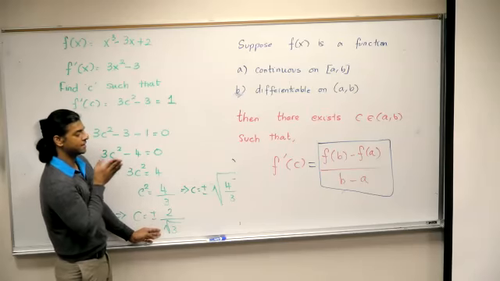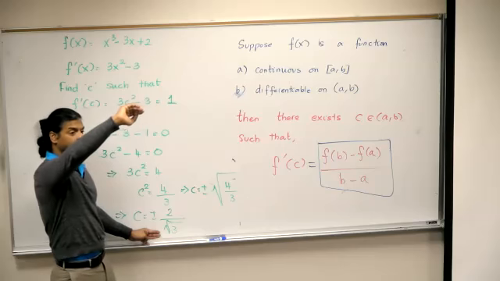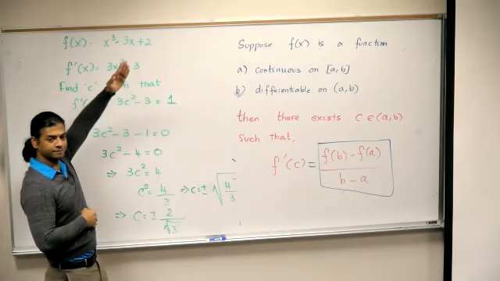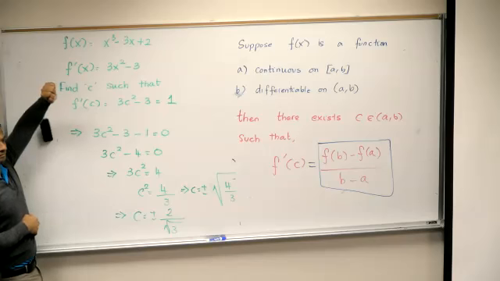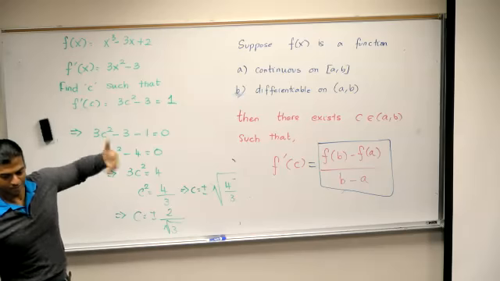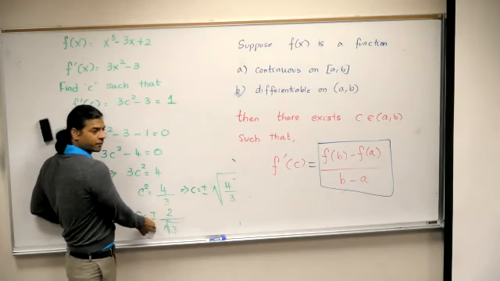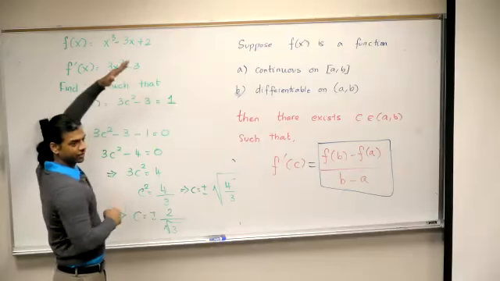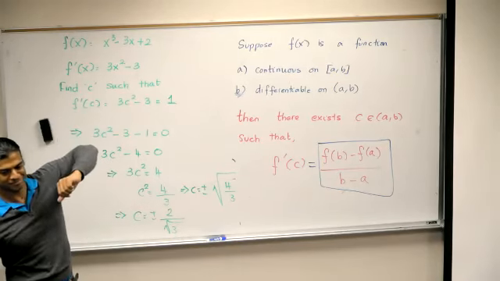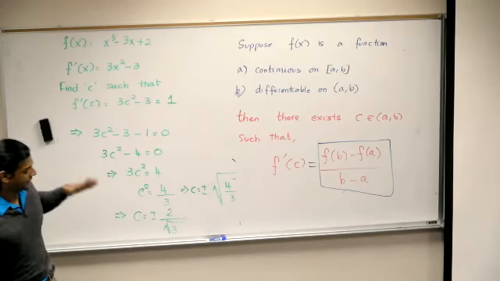So does it look like the slope between -2 and 2 matches with the slope at 1.15? Does the instantaneous rate of change at 2 over root 3 match the average rate of change? We can verify this using the calculator. I'm quite certain it's going to match.